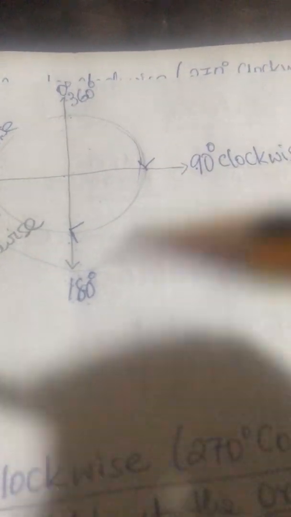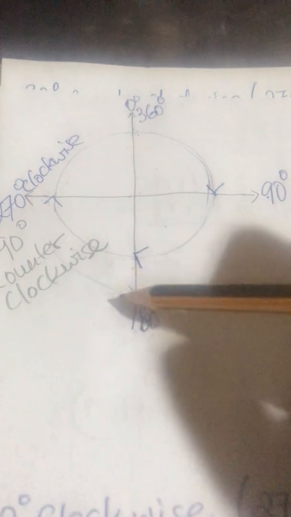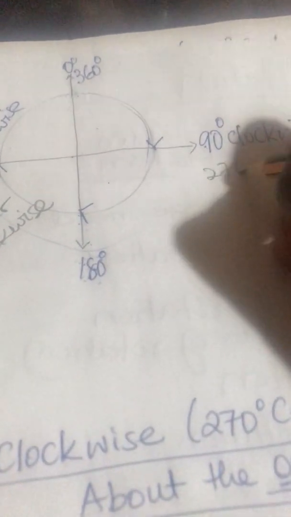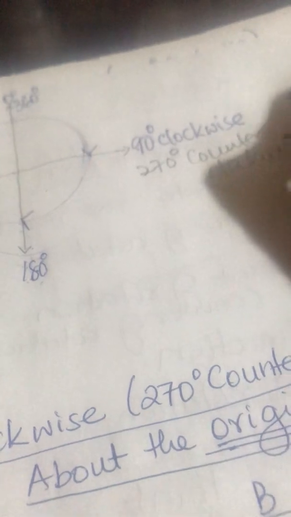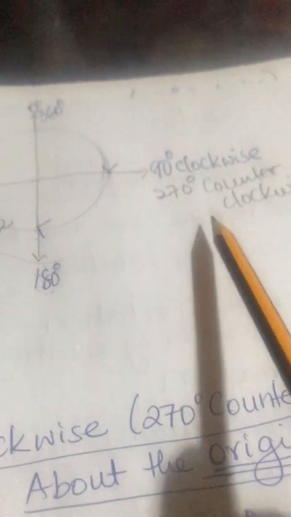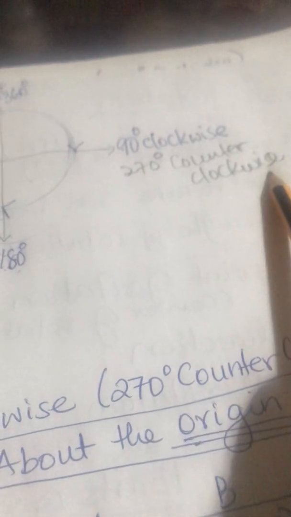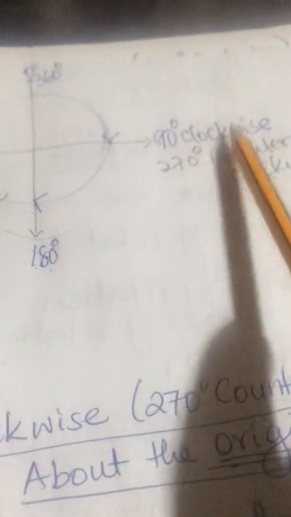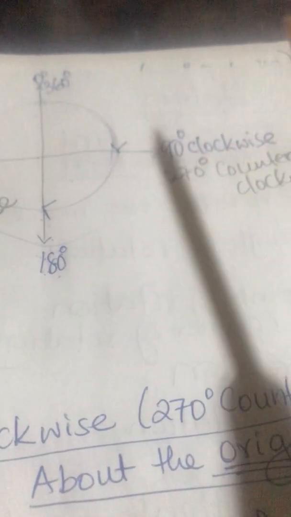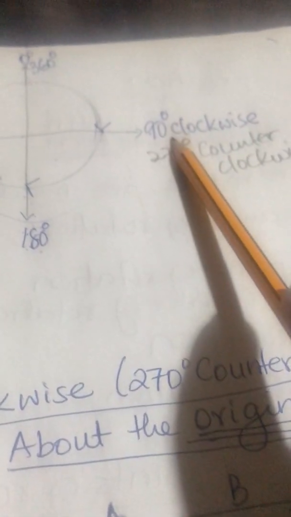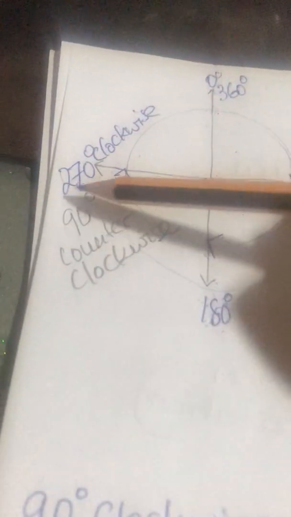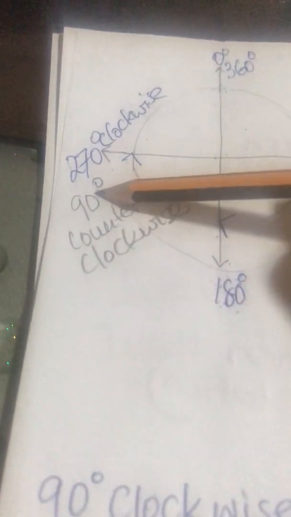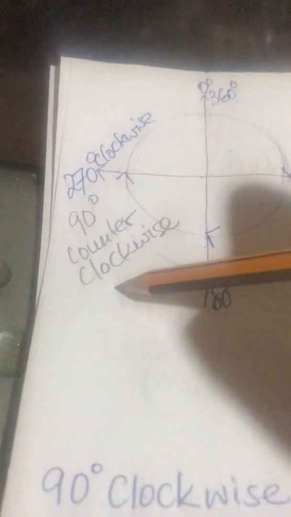So 90, 180, this will be 270 degrees counterclockwise. So when I tell you rotate 270 counterclockwise, I am telling you to do 90 degrees clockwise. If the question says 90 degrees clockwise, it will be the same as 270 counterclockwise. If the question says 270 clockwise, it is the same as 90 degrees counterclockwise.